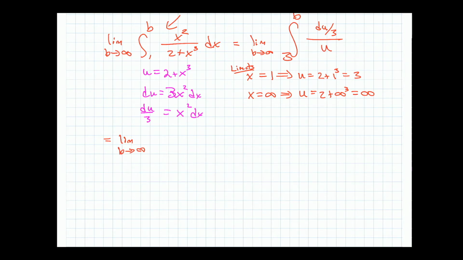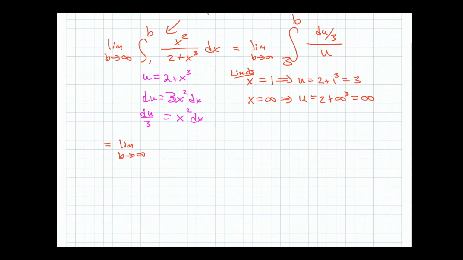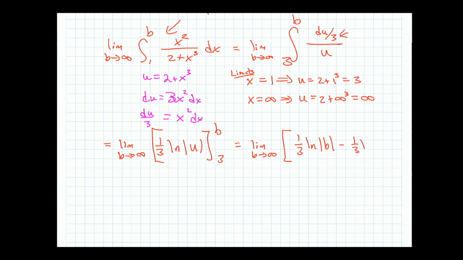Gonna be lazy here. There's a 1/3 that I can take out, right? So it's 1/3 ln absolute value u from 3 to b. So it's 1/3 ln absolute value of b minus 1/3 ln of 3.